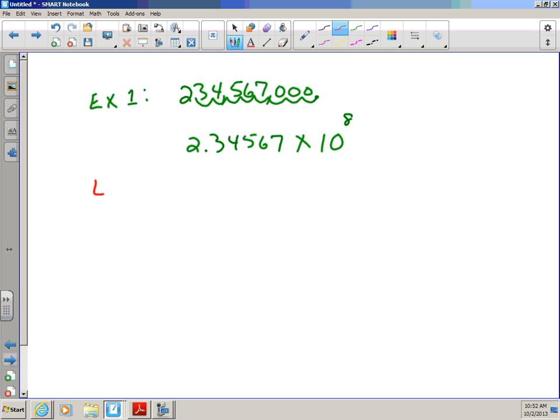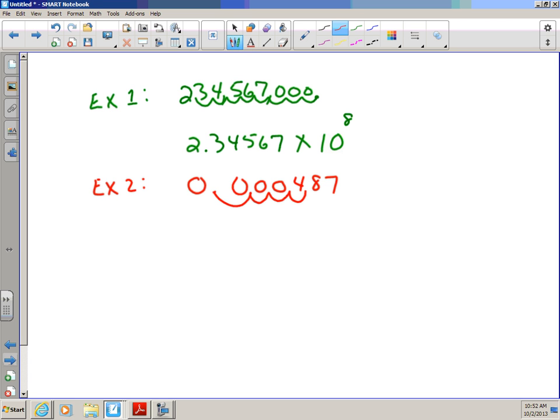Now I want to take a number as follows. As opposed to the first example where I had a large number, I now have a small number. So first thing I want to deal with is moving the decimal place. Now I'm going to be moving it to the right.